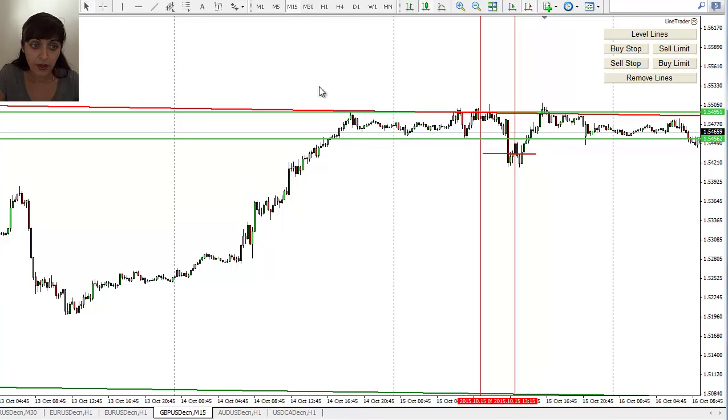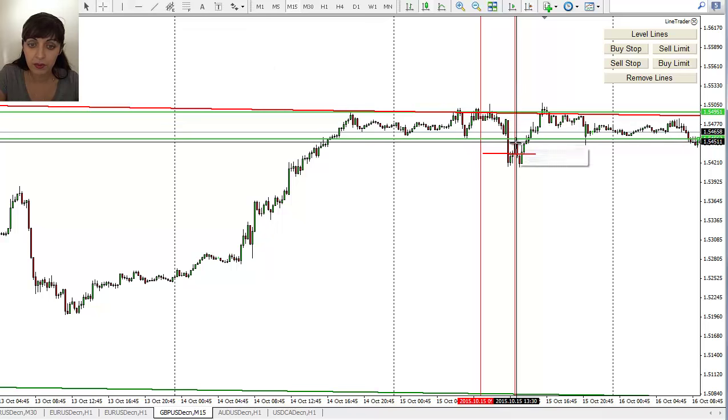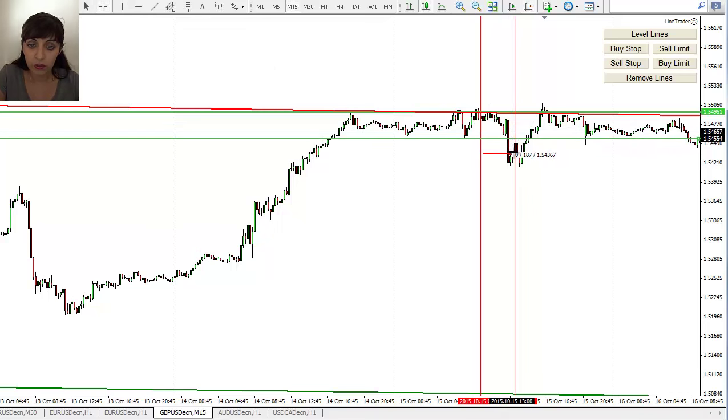My trade was 20 pips. I was in the trade, sold, and I needed another 20 pips to close half of my positions. You can see it didn't reach.